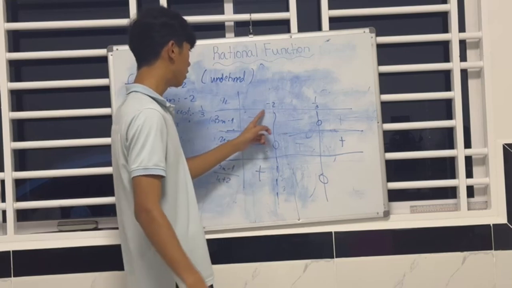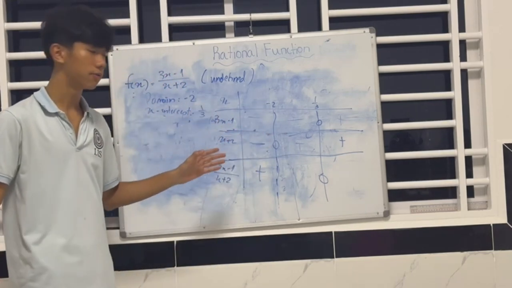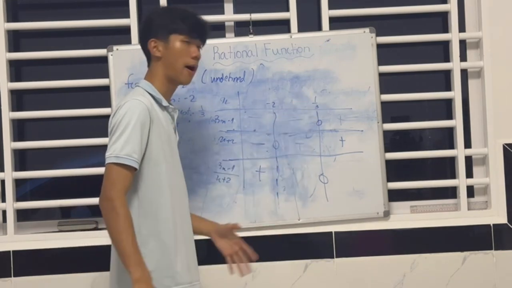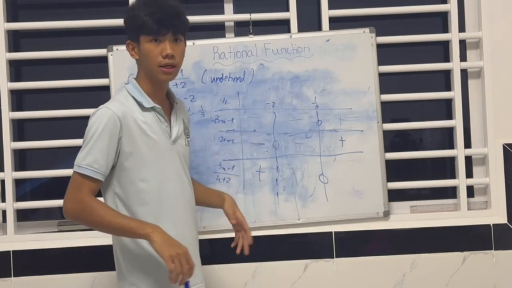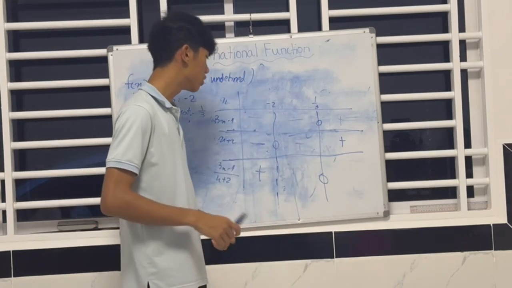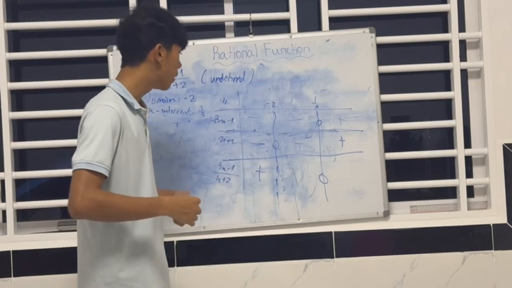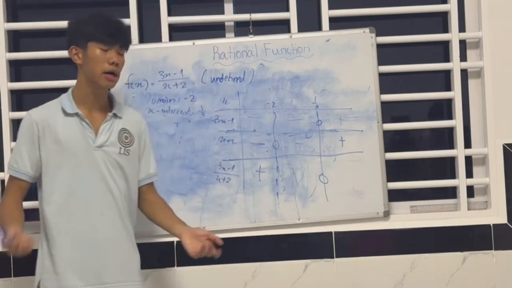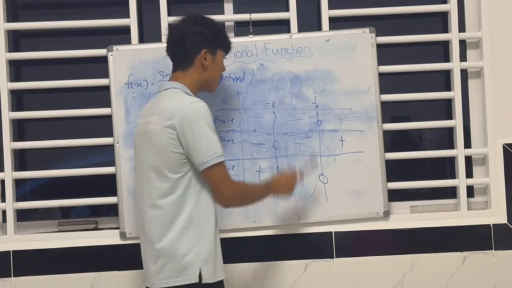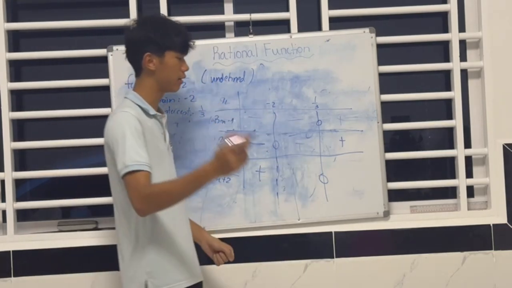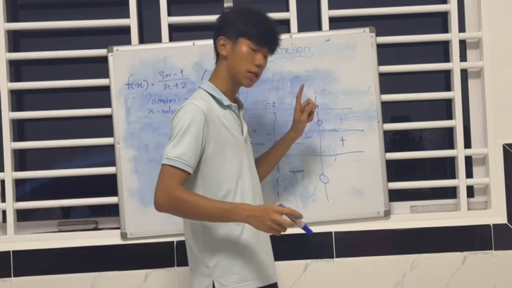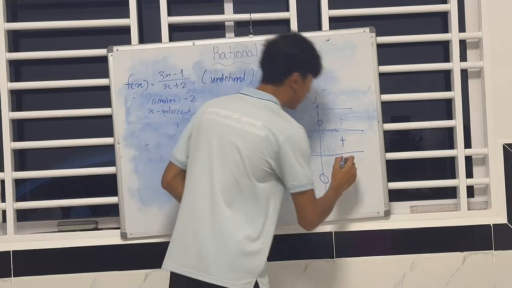This negative 2 cannot define the value of 0, but this one can, because it has both the denominator and the numerator. You determine by multiplying: negative times negative is positive, negative times positive is still negative, and the last final step is positive times positive is positive.